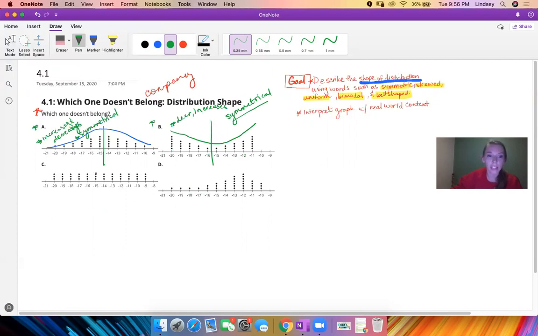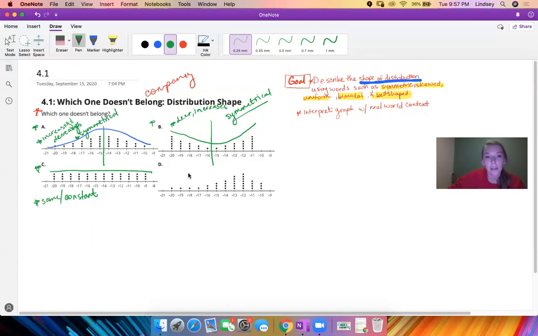All right, the next one, it's the same the whole way. We could say it's even, constant, meaning that it's just straight across, same data, it doesn't change. So you might have said C was the one that didn't belong because it's the only one that doesn't change.